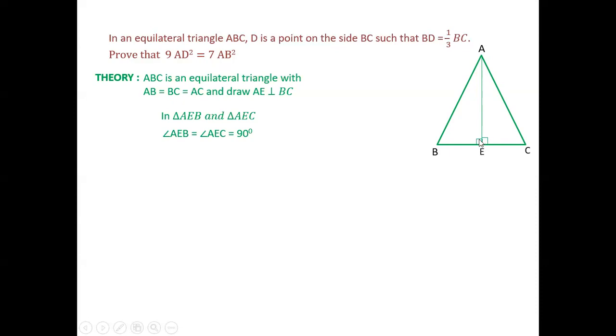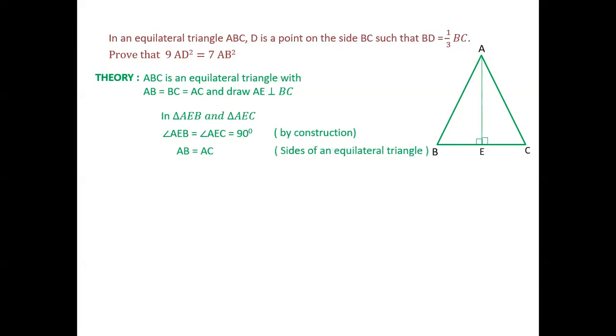Then AB is equal to AC, because they are the sides of an equilateral triangle.